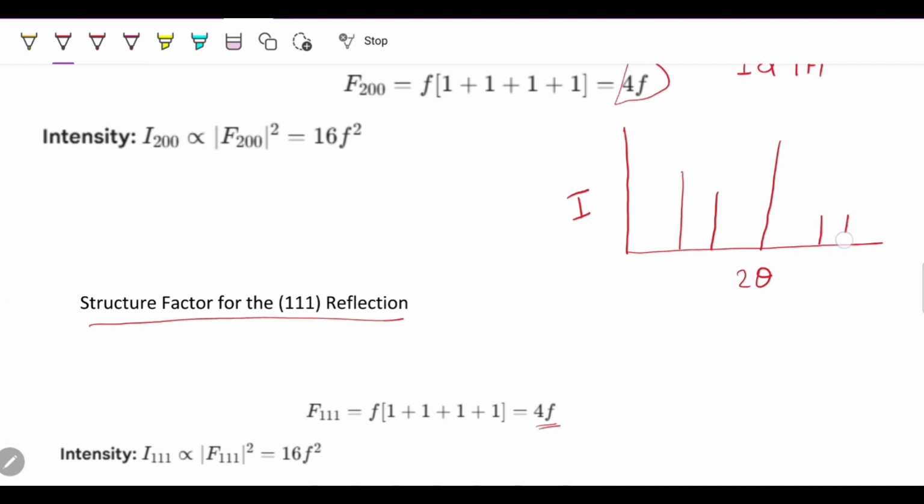So we will see these kinds of reflections. Basically, here you see 111 and 200. These are the fundamental reflections, the fundamental peaks. These are always present in an FCC lattice if we are talking about the monoatomic case.